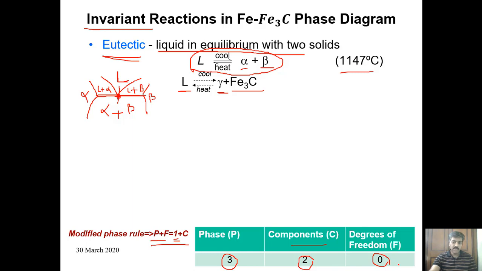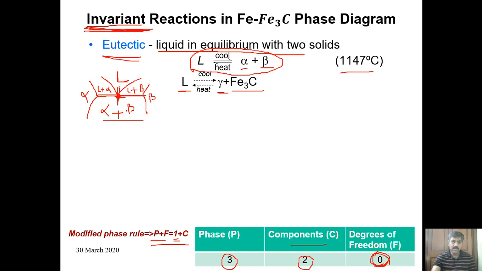That is why the degree of freedom is 0, and since it is 0, the name invariant is given. This invariant name came from the fact that the degree of freedom is 0, or you can think of it this way: during this transformation there is no change of temperature. Temperature remains fixed during this change from liquid to this, and since the temperature is constant, it is called invariant. So you can give your logic in two ways.